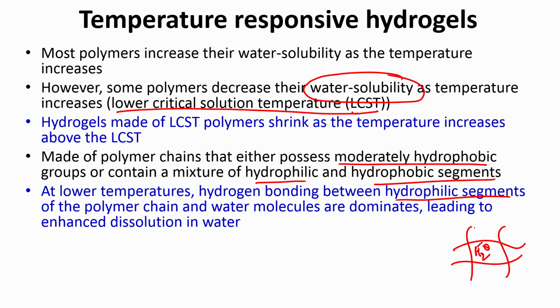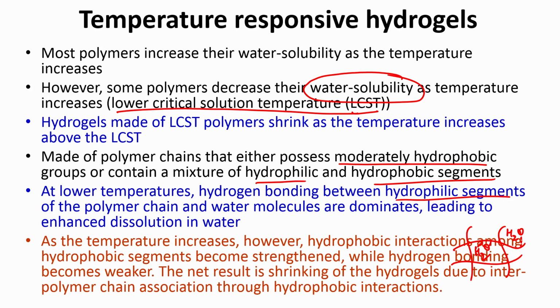So, at lower temperatures, the hydrogen bonding between the hydrophilic segments of the polymer will dominate. At lower temperature it is going to interact through all these hydrogen bonds, and it will absorb more and more water. So, it will cause enhancement of dissolution in water, and if it is a hydrogel, enhancement of swelling.